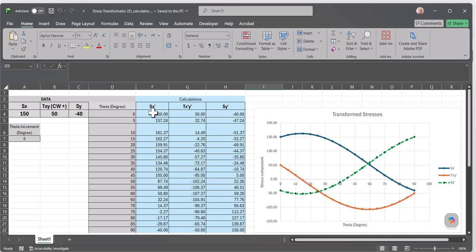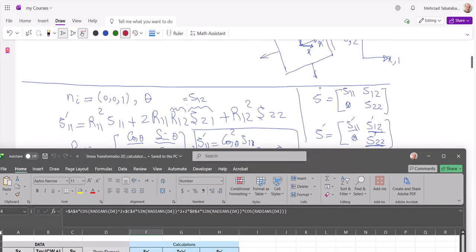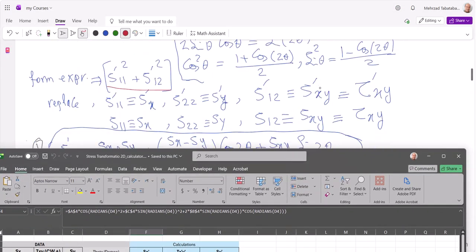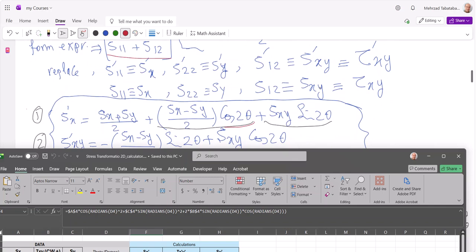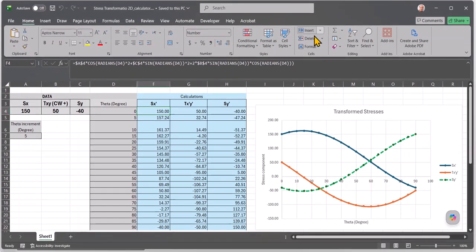The equation is basically the equation that we have just derived. And simply for the others, we use these equations, so tau x prime and all of them.